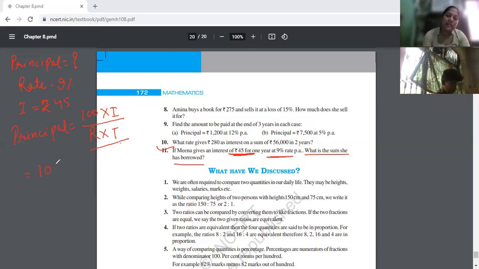It is 100 into rupees 45, the rate is 9, and time is 1 year. 9 5s are 45. So the principal is 500 rupees.